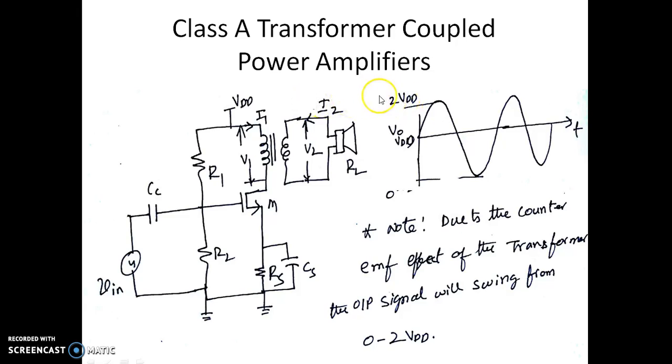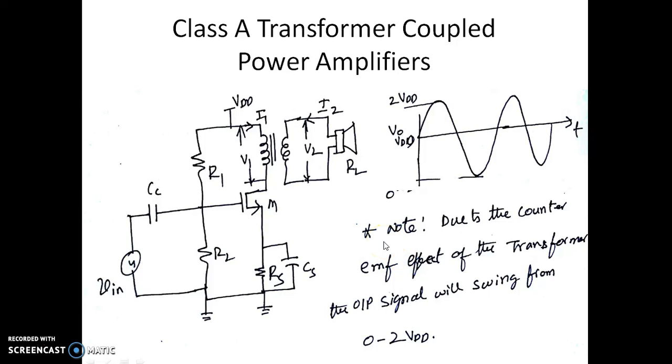Half of this peak is due to this VDD, another half of the peak, which is the VDD, is due to the back EMF produced in the transformer. So that's the advantage of having a transformer: the output voltage is actually twice the supply voltage. Even though the supply voltage is 5 volt, you are able to get a peak to peak of 10 volt here. It is purely because of the counter EMF effect generated in the transformer.